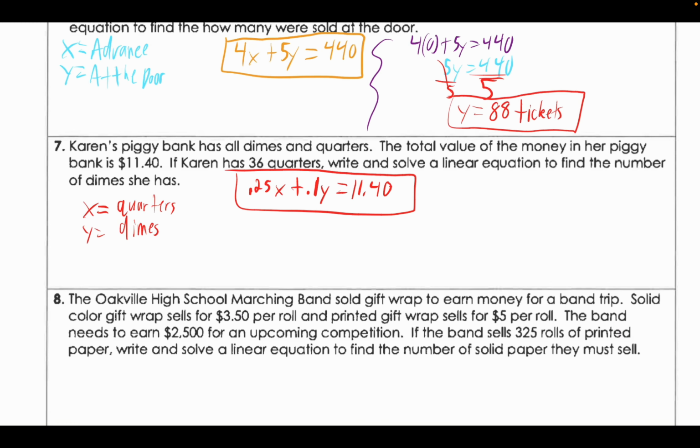Now we're told specifically that Karen has 36 quarters. So we're supposed to find out the number of dimes. So we plug in 36 for x, and I get 0.25 times 36 plus 0.1y equals 11.40.